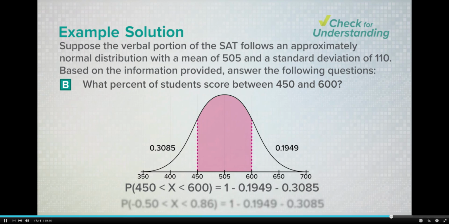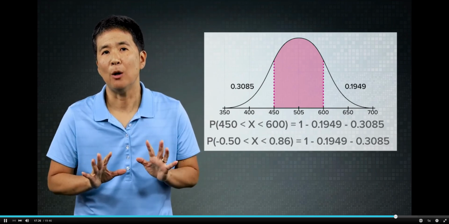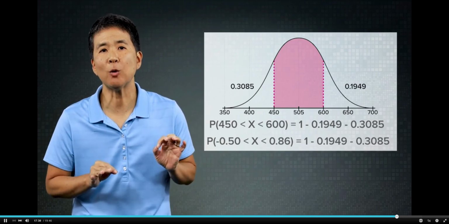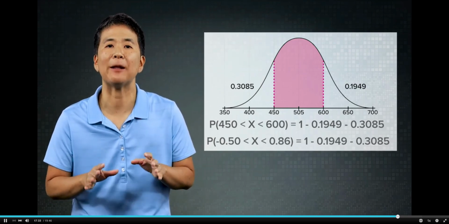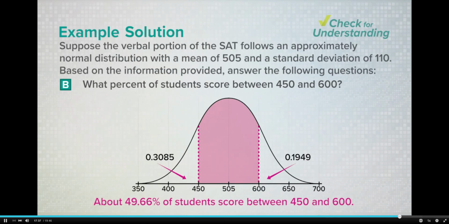I can also write it as a proportion of z-scores that are between negative 0.5 and 0.86. Note that those areas are exactly the same. One of them is just talking about the curve that's describing the SAT scores, and the other one is talking about the standard normal curve. In either case, the answer is about 49.66% of the students score between 450 and 600 on the verbal portion of the SAT.